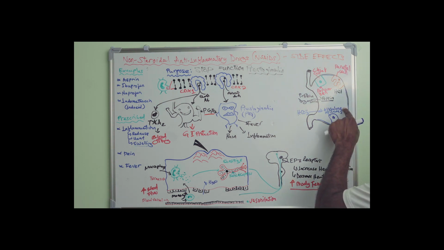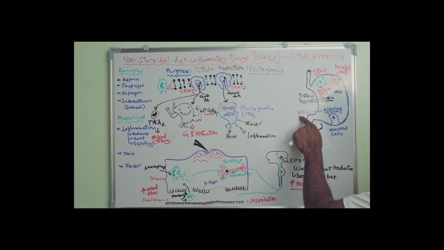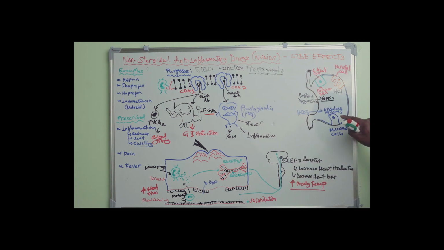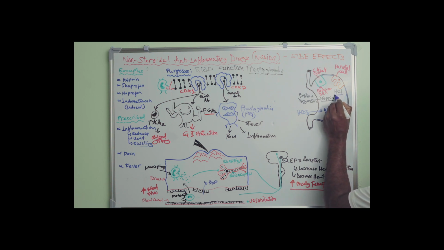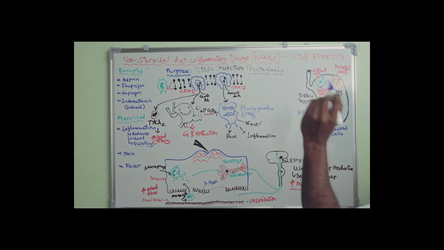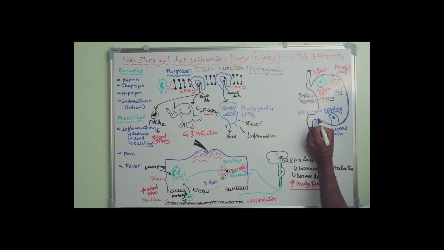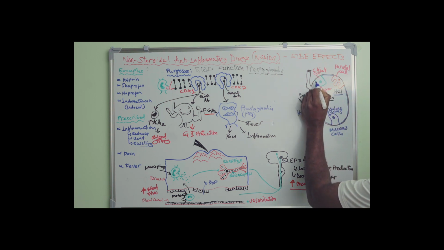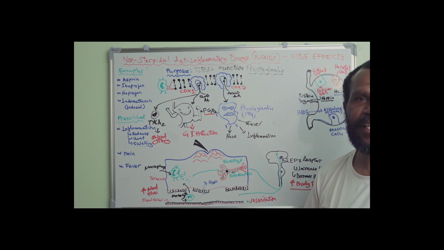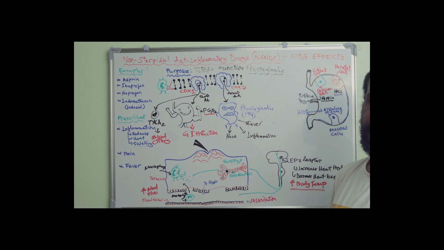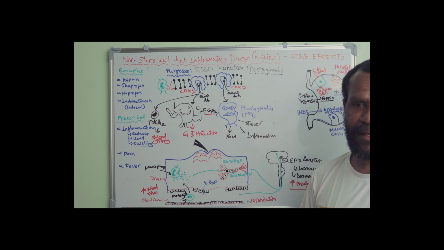But also the bicarbonate in the mucus will neutralize hydrochloric acid. Every time the hydrochloric acid comes in contact with these cells lining the stomach, it will be neutralized. So it won't digest or destroy the cells lining the stomach.